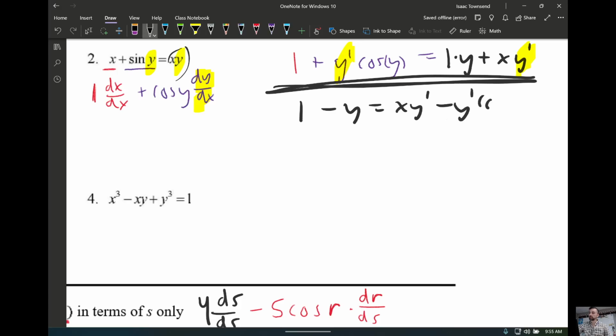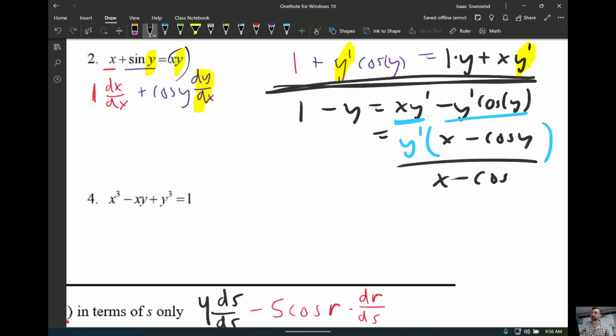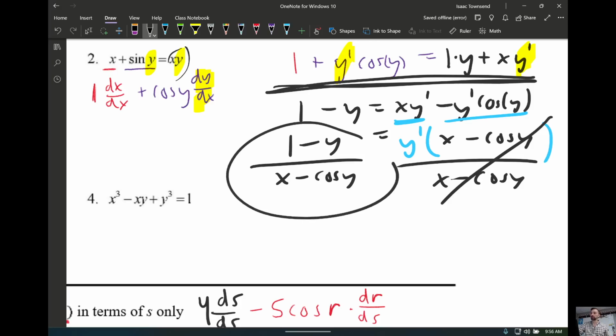The reason you're doing that, which is the way that you're going to know to do that on the test, is now this and this both have a y prime that could be factored out, and as soon as you factor it out, you can undo times with divide. So I would expect it to look like that.